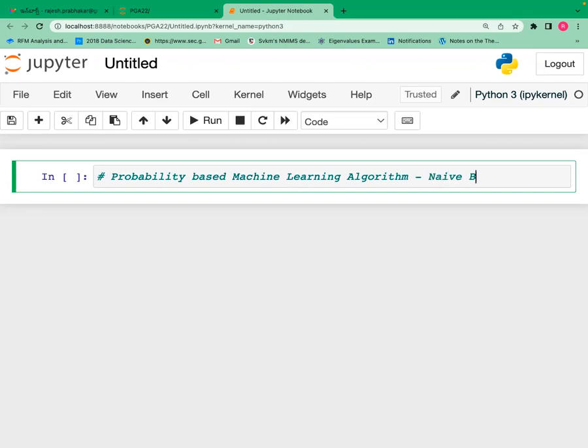Naive Bayes. Purely a probability-based machine learning algorithm.